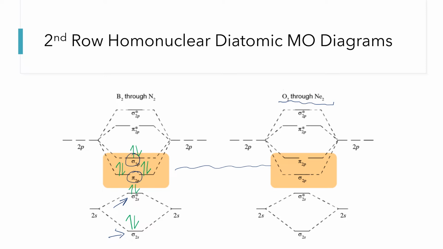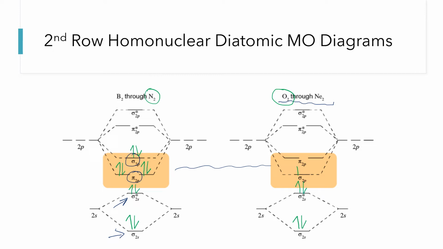To contrast that, let's do oxygen over on this other side. Oxygen's in group 16, so it's going to have 6 valence electrons. 2 times 6 is 12 for the 2 atoms, so we have to put 12 electrons in here. Starting way down at the bottom, we'll put in 1, 2, and then moving up to the next orbital, 3, 4.